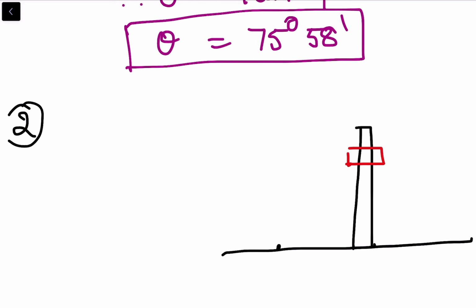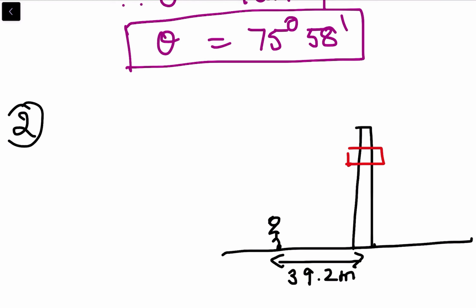Then the boy stands here, and he throws a ball. He stands at a distance of 39.2 meters from the building.